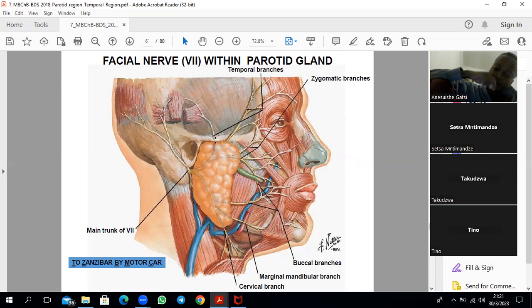Why not? I'm not so sure, but I think it is because it is inside the ramus. No, it's not inside the ramus. Remember I said it's behind the ramus.